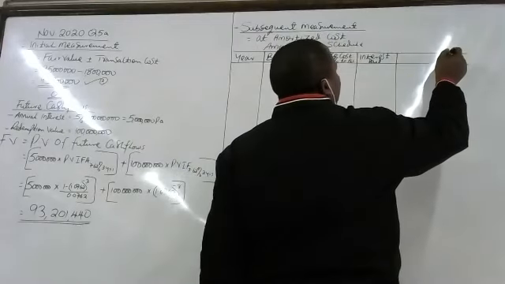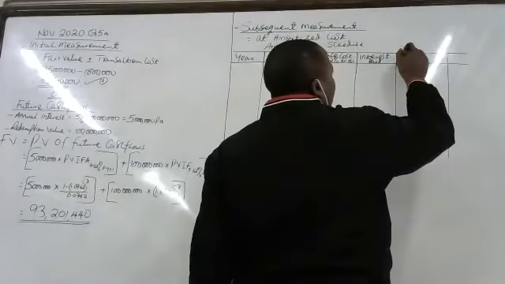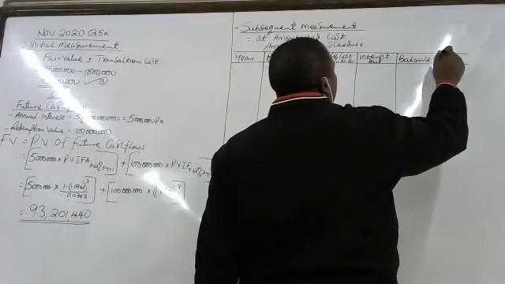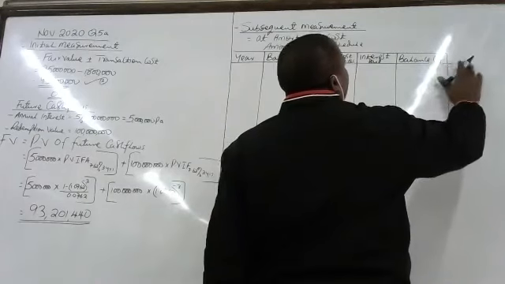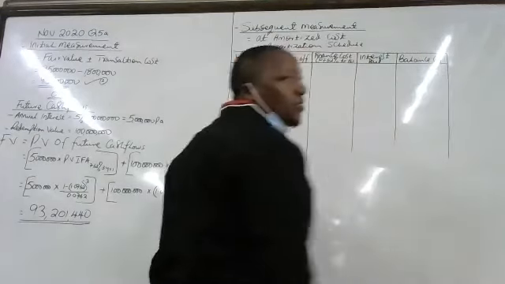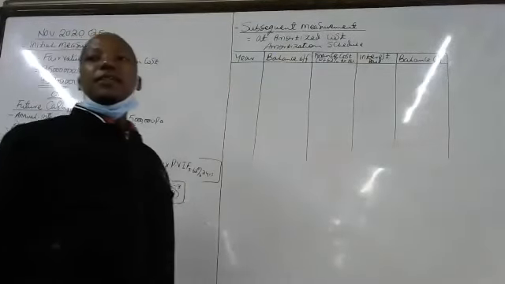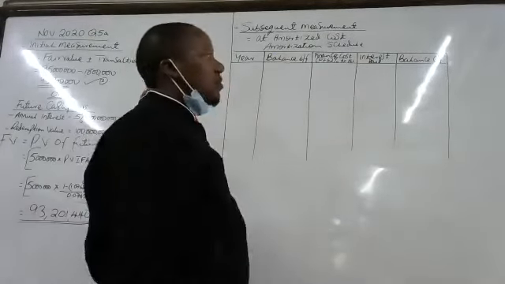So that then we get the closing balance, balance carried forward. That balance carried forward is the amortized cost of the loan.